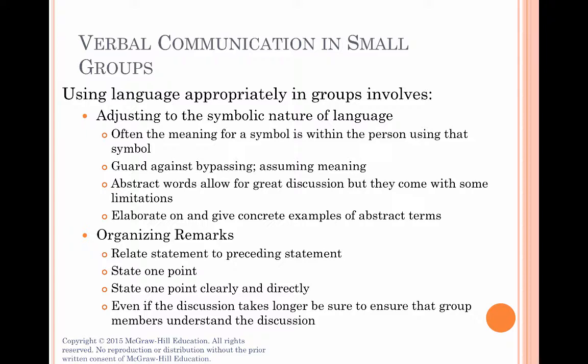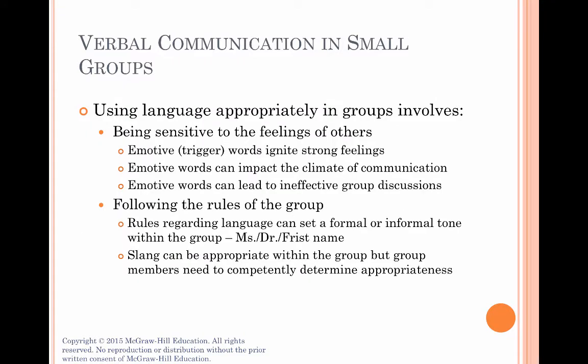The best way to avoid this is to discuss things in an organized way. Move from idea to idea by mentioning the preceding statement, then moving on to your statement. State one thing only and state it clearly and directly. Might this take a bit longer? Yes, but it's worth it so everyone understands what's being said.